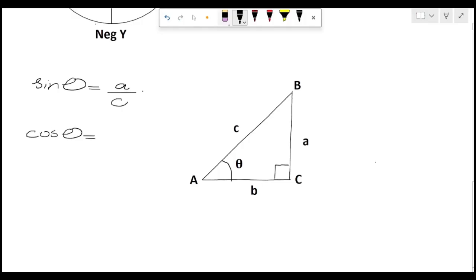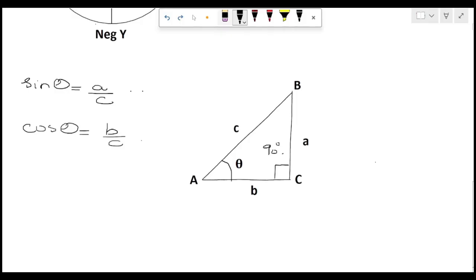So cos theta is equal to b over c, which is base over hypotenuse. Then we have tan theta, and tan theta is equal to the perpendicular over base. That means a over b. Now these are the 3 main trigonometric ratios or functions, however you want to call them.